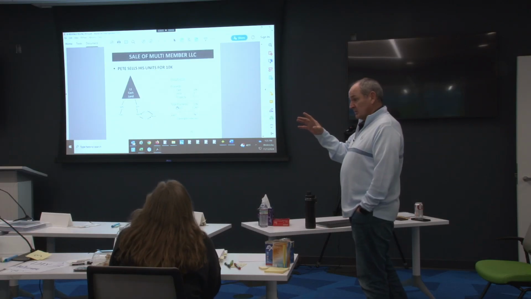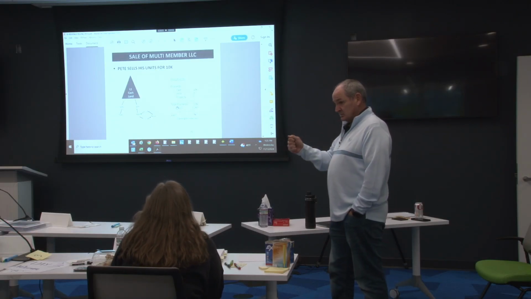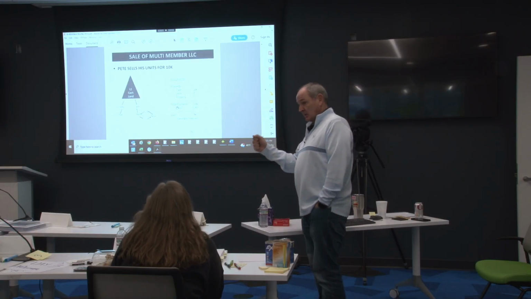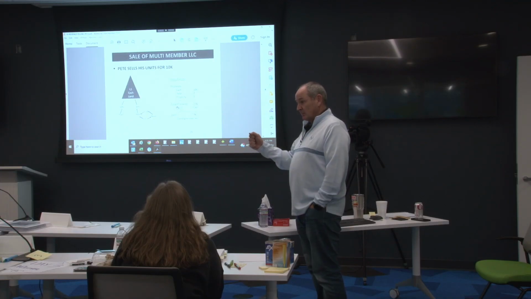And is there a certain election to normalize or equalize the inside basis of the assets versus the basis that buyer has in their units? Yes. What is that? That's 754. So in this case, there's symmetry: Pete sold his units, buyer bought Pete's partnership units, and the way you get a basis step up is to do a 754 election.